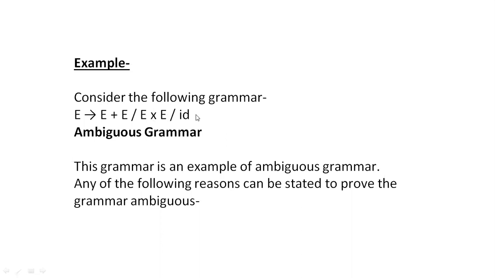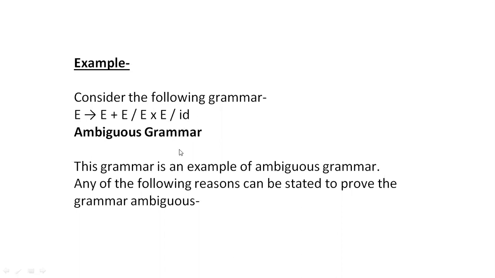Because E is directly deriving the terminal ID. ID is a terminal, plus and star are terminals, and E is directly giving the terminal ID. So for rule 3, there is no ambiguity. For rules 1 and 2, we are having the ambiguity. Why? Because the E is appearing twice on the right hand side in both the rules. So we can consider that it is an ambiguous grammar.